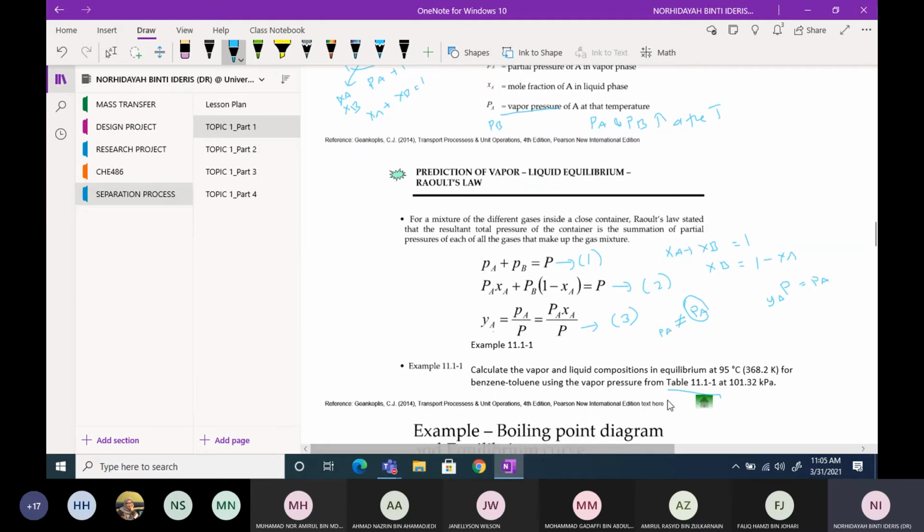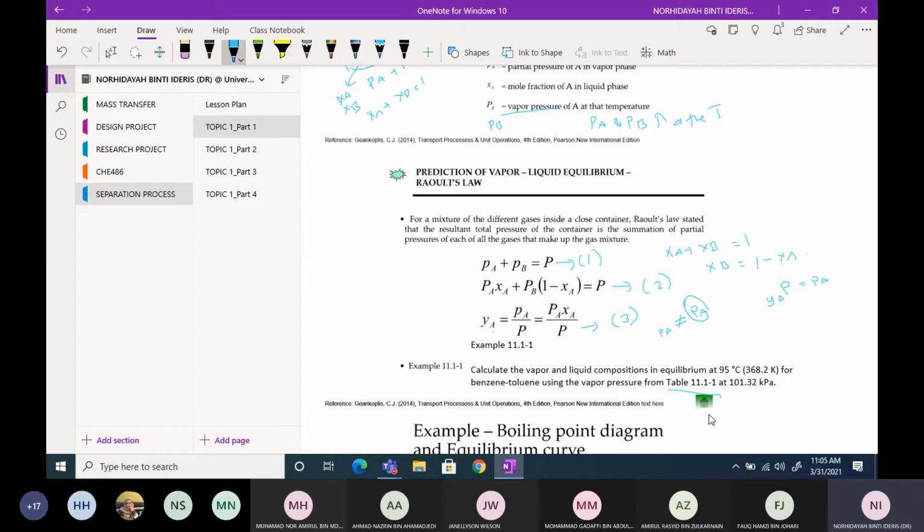Alright. So to understand now, go to example 11.11. We want to try to apply these first 3 equations so far. The equation is just simple. Calculate the vapor and liquid composition in equilibrium at 95 degrees Celsius for benzene toluene using the vapor pressure of the system, available at table 11.1-1.